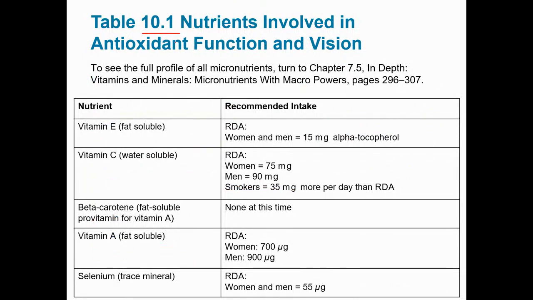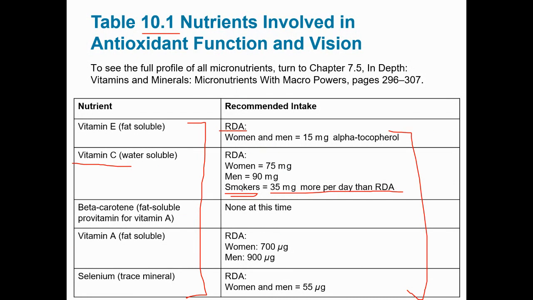So this is a review of the RDA values, the recommended dietary allowances for these 5 micronutrients that we'll discuss in this chapter. You don't need to commit any of these to memory, but just kind of an FYI. Also interesting here that vitamin C, for anyone who smokes cigarettes, the recommendation for vitamin C goes up.